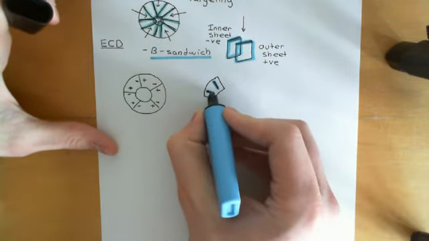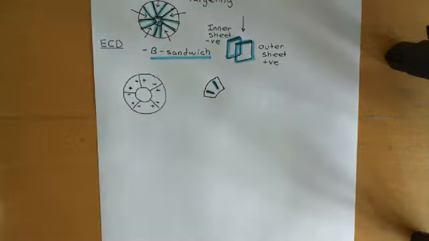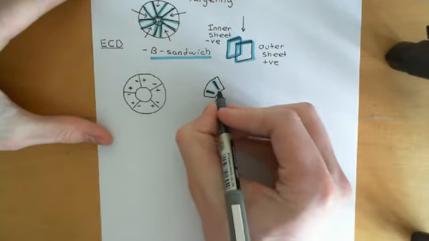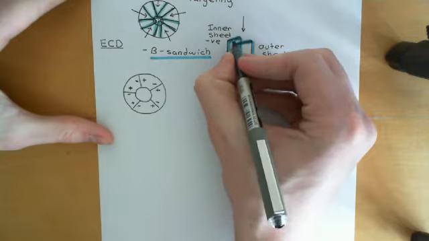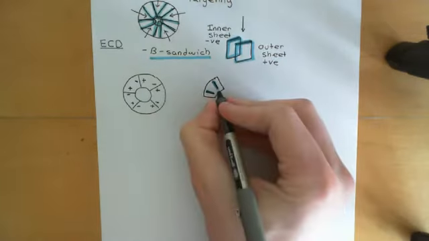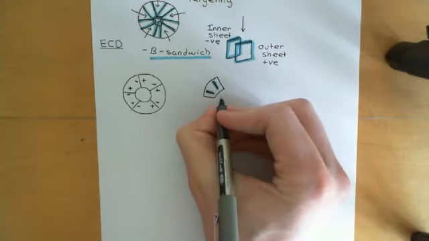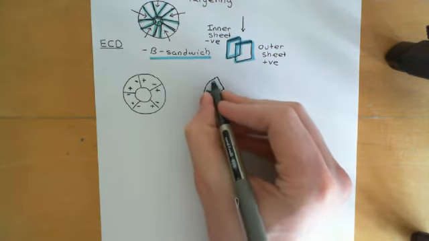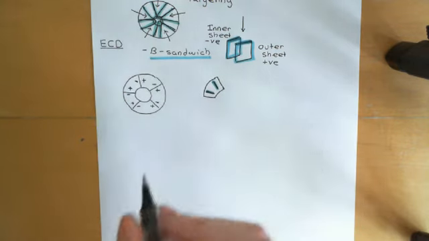So the positive side of the extracellular domain of each subunit corresponds to this outer beta sheet of the beta sandwich, and the negative side of each extracellular domain of each subunit corresponds to the inner sheet of this beta sandwich. Each of these sheets will have a portion that faces into the pore, the central cavity, and a portion that faces out to the periphery.